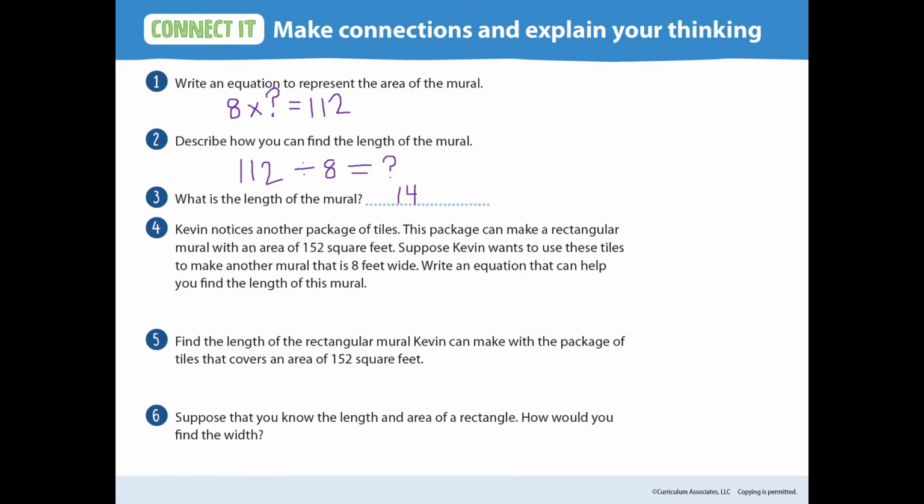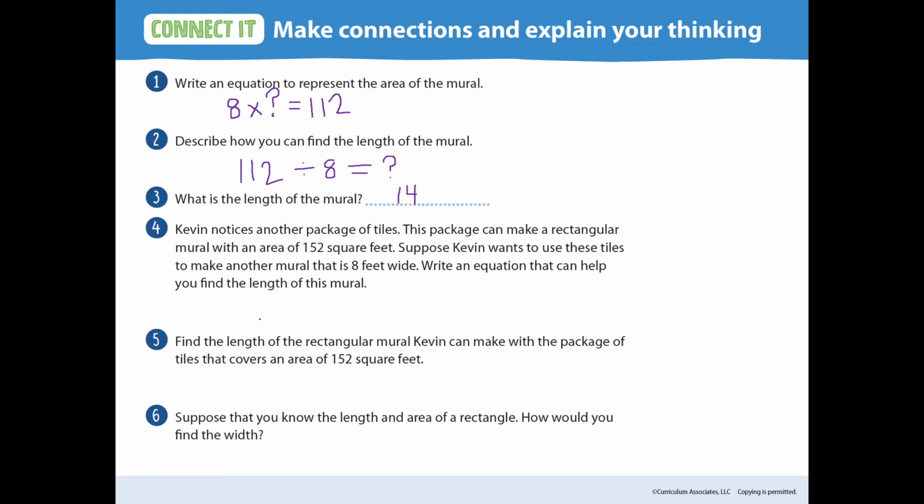Number 4, Kevin notices another package of tiles. This package can make a rectangular mural with an area of 152 square feet. Suppose Kevin wants to use these tiles to make another mural that is 8 feet wide. Write an equation that can help you find the length of this mural.